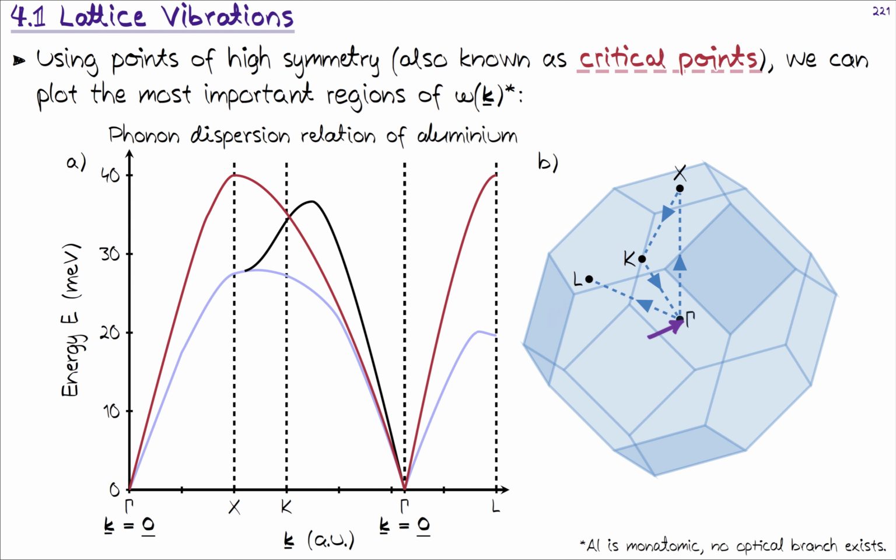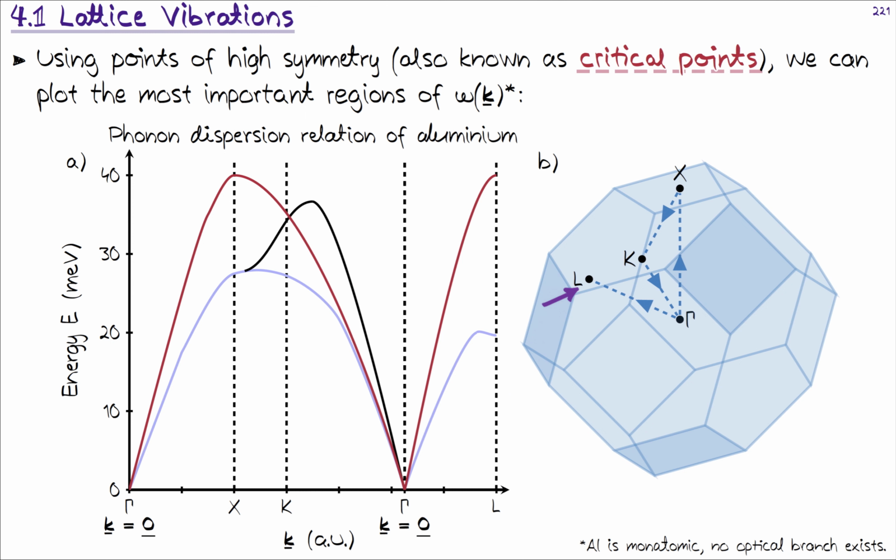And now we are going from X to K. So what we are plotting here is the dispersion relation going from the X point to the K point. And then from the K point, we go next to the gamma point. These graphs show what happens here. And then finally, we go from gamma to L and plot that there.